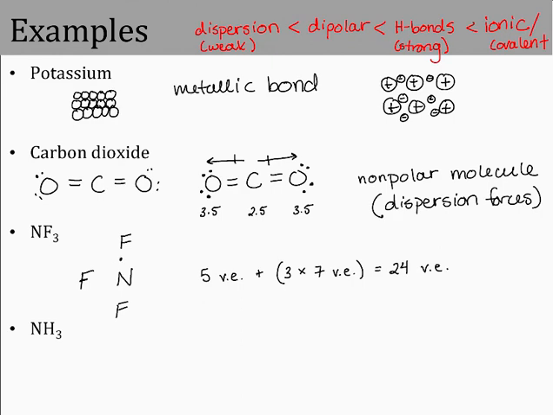Now we're going to start placing bonds between nitrogen and each of the fluorines, and then we want to give an octet of electrons to each of the outer atoms. Or another way to say that, now that we know about electronegativity, we're going to give electrons to the more electronegative atom first. And remember that fluorine is the most electronegative atom.